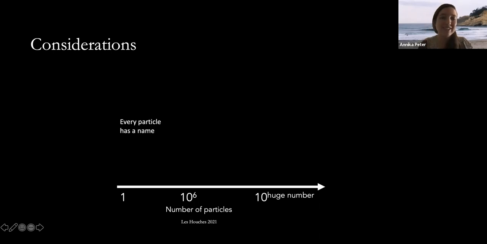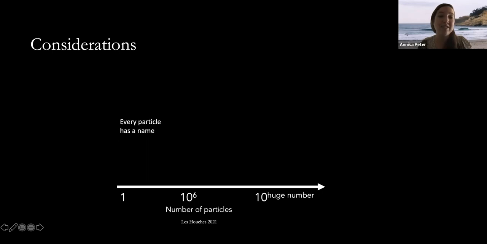Okay, great, thanks. Okay, when you're down here, every particle has a name. What often happens for these what are called few body problems, and this is not going to be a fundamental physics application, but a typical application in physics would be planetary systems.